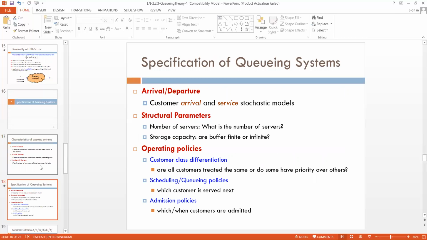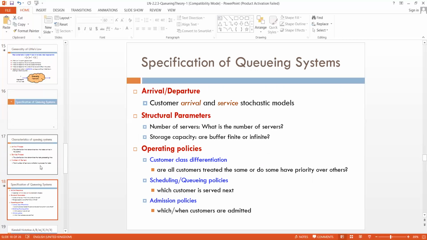Arrival and departure, okay, whether somebody has arrived, whether somebody has departed, and then how are they arriving? Are they arriving using stochastic models, okay, based on Markov modeling or Erlang or any kind of distribution, or are they just arriving randomly or general? You need to know it before you run a simulation.